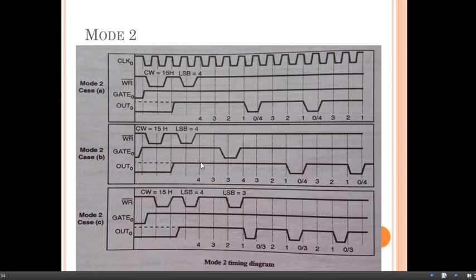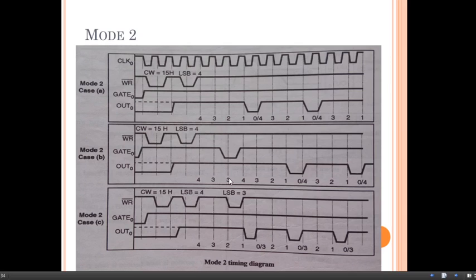In the second case, the gate is deactivated in between the counting. So what happens here? In this case, when the gate goes low, the counter stops counting. Here our counter is initialized and has started counting 4, 3, and after this the gate is made low, and that's why the counter has stopped counting.